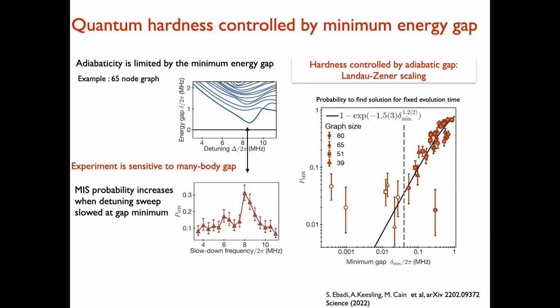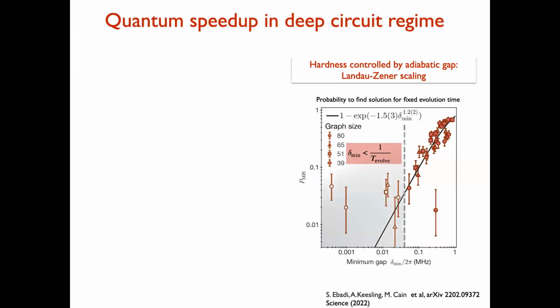But there are some instances where these two parameters, gap and P_MIS, are uncorrelated. It turns out these are the instances where we are going too fast, where our evolution is too fast to resolve this minimum gap. In this case we violate the speed limit, so the evolution does not see the entire graph.